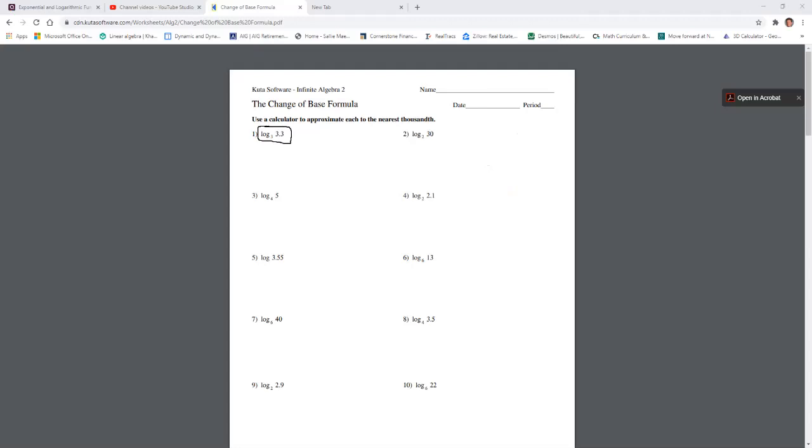If you want to know what log base 3 of 3.3 is, take your calculator and you're going to enter log 3.3 divided by log 3.